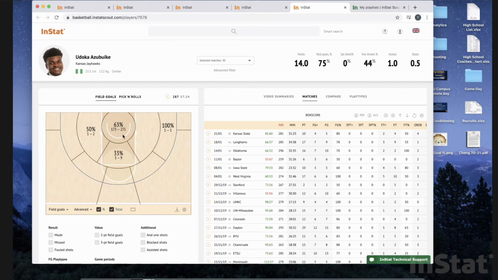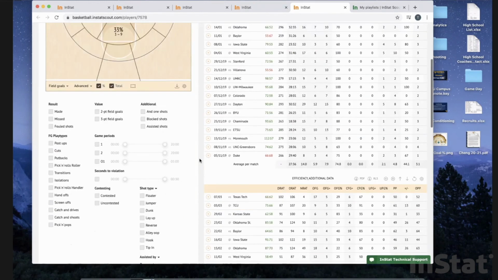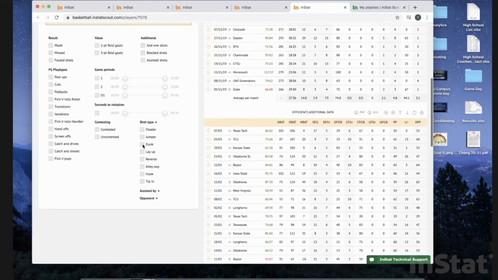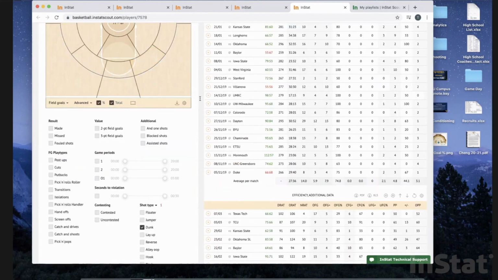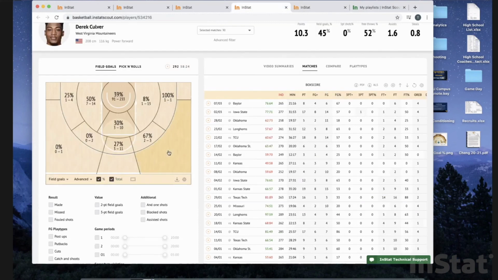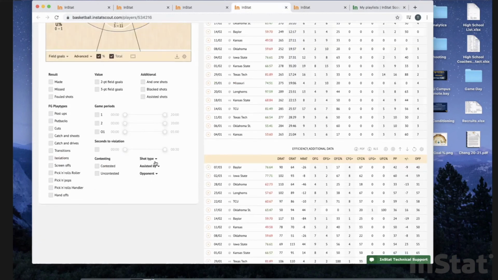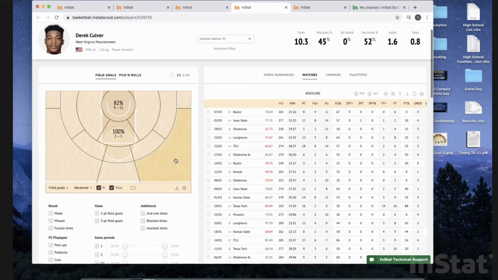Obviously, he's on the high end, if not the best big in the Big 12, but we feel there's no reason our players can't strive to be, maybe not quite as efficient, because I think of his 275 shots, 87 of them were dunks, and he only missed 10 dunks all year. When you look at Derek, he had 233 shots in there, but he only had 11 dunks.